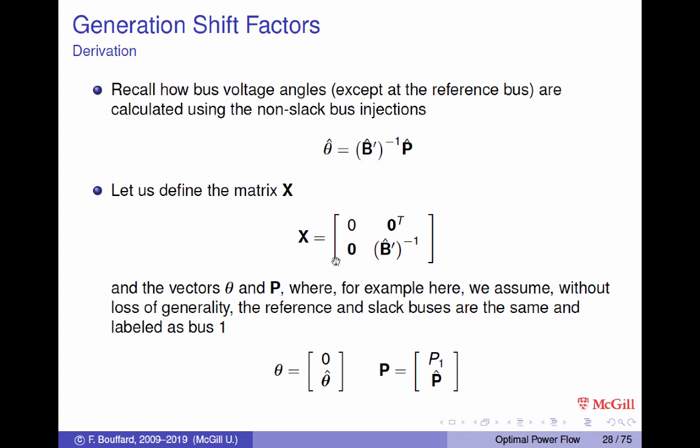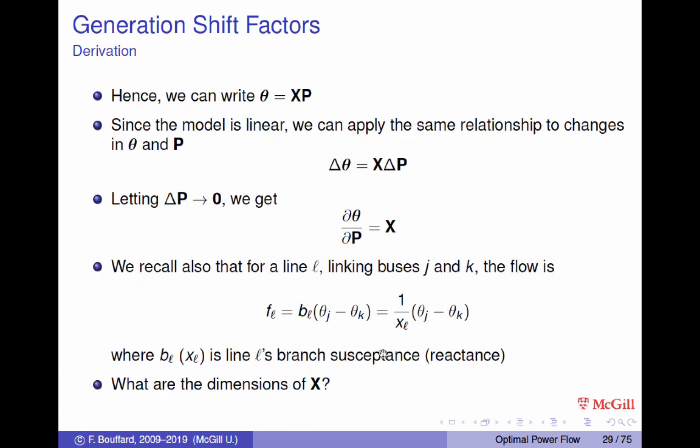So theta is equal to X times P. Also, since this is a linear model, if I apply changes in P, it will result in changes in theta. And clearly if I let my changes in injections go all the way down to 0 in the limit, the rate of change of the angles with respect to the power injections is just the matrix X.